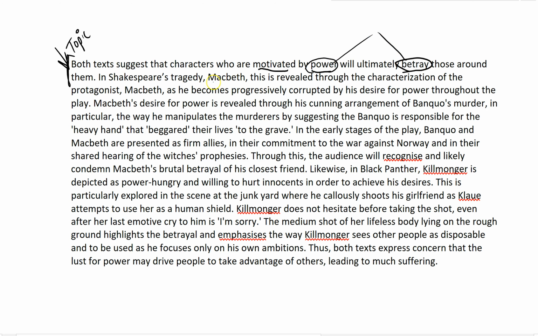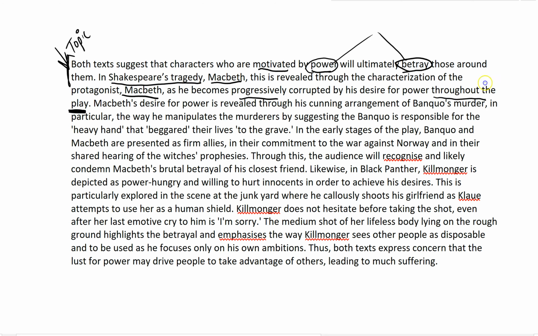In Shakespeare's tragedy Macbeth, this is revealed through the characterization of the protagonist Macbeth as he becomes progressively corrupted by his desire for power throughout the play. So you do notice the stepping above the text here. We're referring to Shakespeare's tragedy.